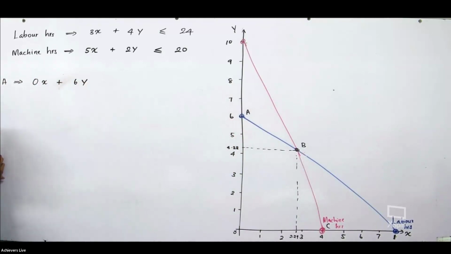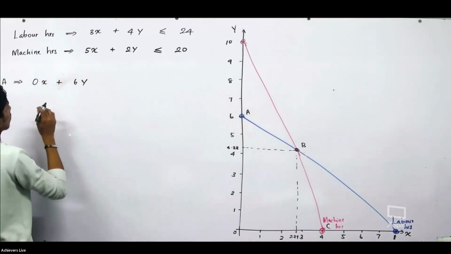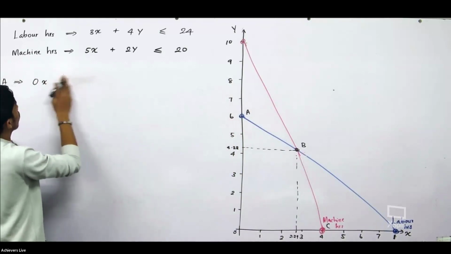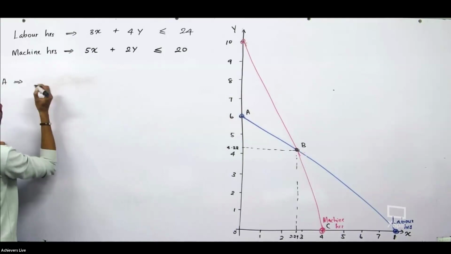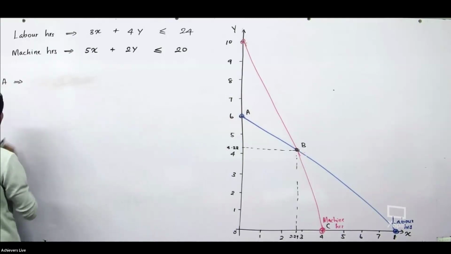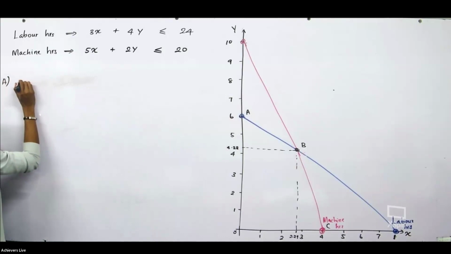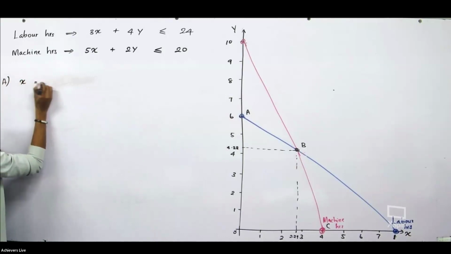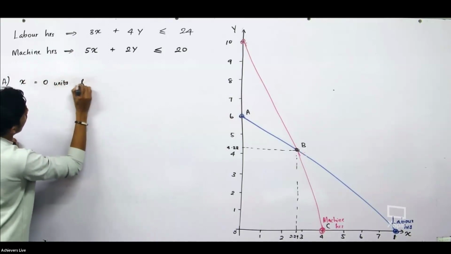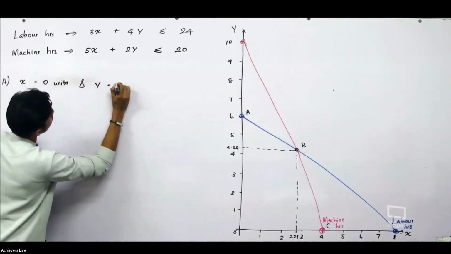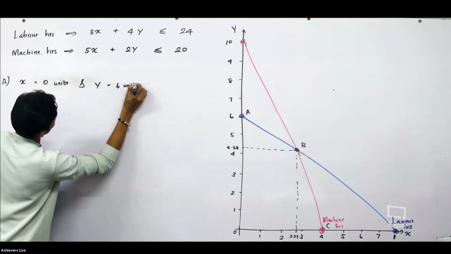Clear? Got it? Right. So I'll write it like this, if not you will get confused. So when it comes to A, X 0 units and Y 6 units. Correct?